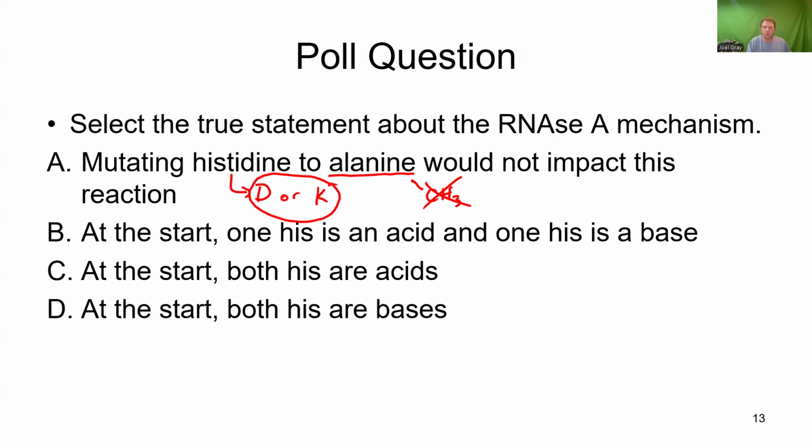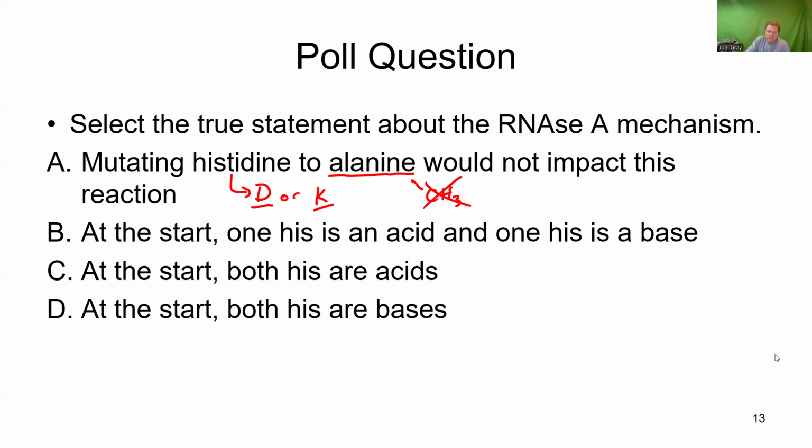Anyway, an aspartic acid or a lysine, those residues can be protonated, and if something can be protonated, it can be deprotonated. Now, histidine's kind of ideal because histidine has a pKa that's like 6.1. So it's in that good sweet spot. And we're going to see histidine again.